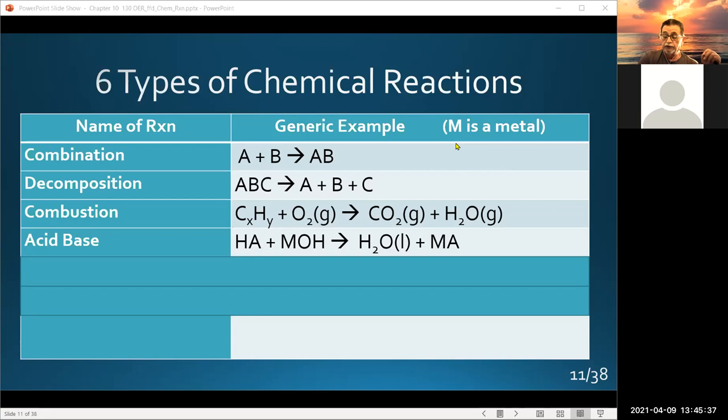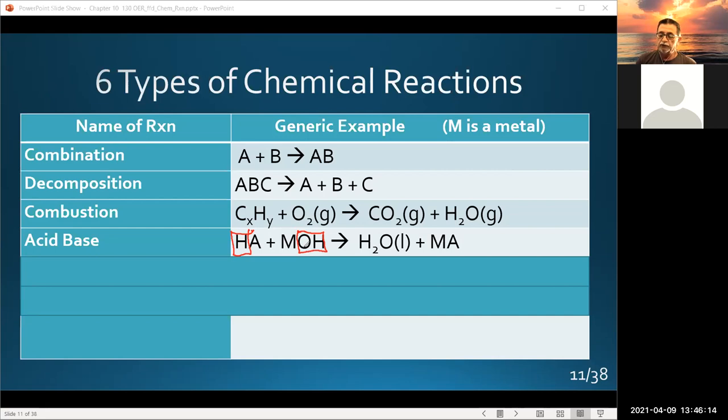We talked about this in the chapter on acids and bases. To refresh your memory, you have an acid, which is normally a covalent compound, reacting with a base, which is normally an Arrhenius base, coming from an ionic compound that contains the polyatomic ion hydroxide.